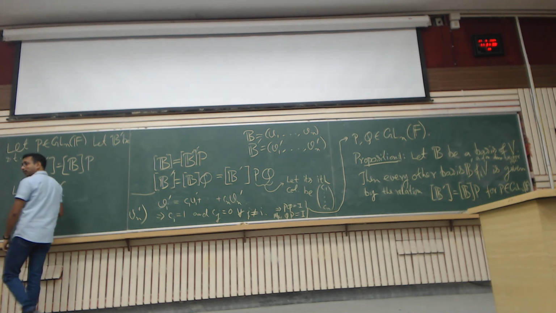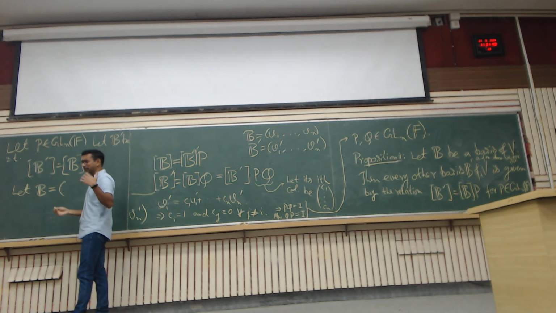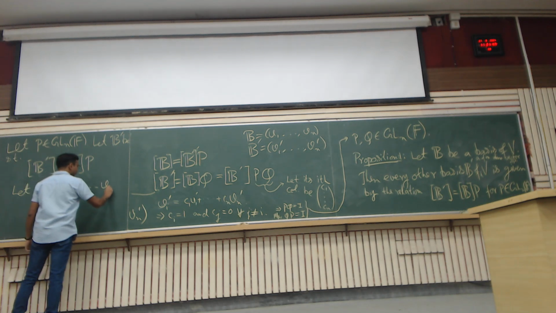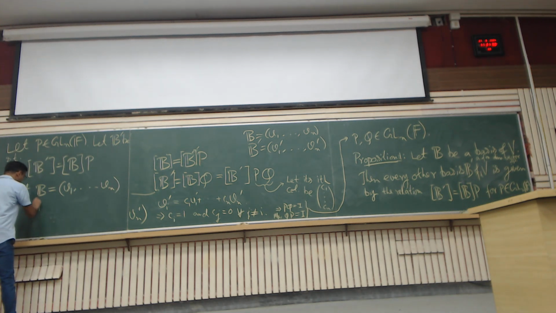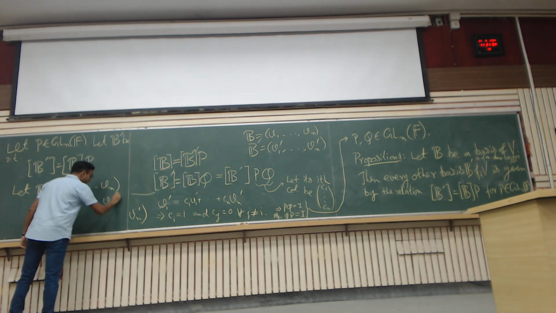In other words, whenever we write a vector space, we will mean that the dimension is finite. So B is v1 to vn, and B prime is again v1 prime to vn prime.